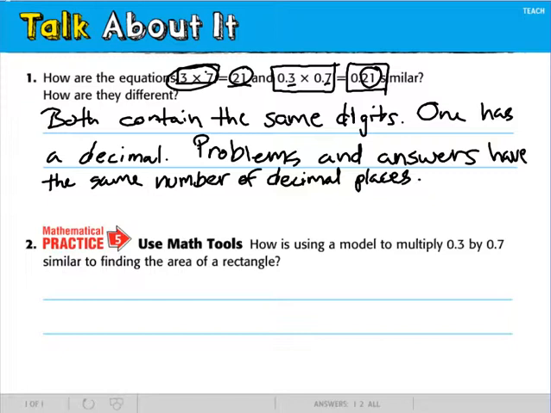Length times height? I would have said length times width, but that's correct. So length times width.